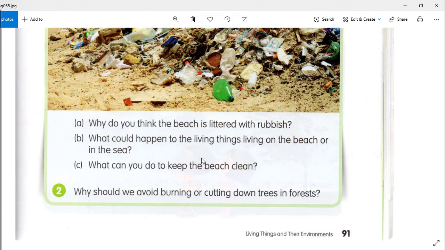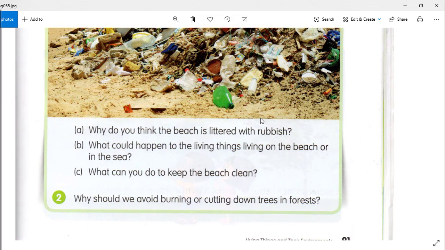So what should we avoid? Burning or cutting down trees in the forest. So of course we have to avoid both of them, because why? Burning will cause the air pollution, and also will destroy the habitats of the living things that live in the forest.